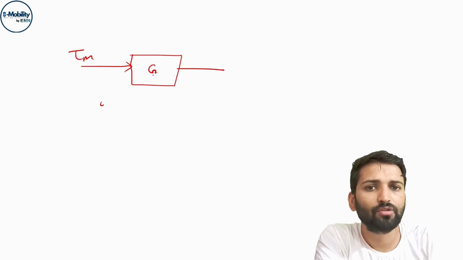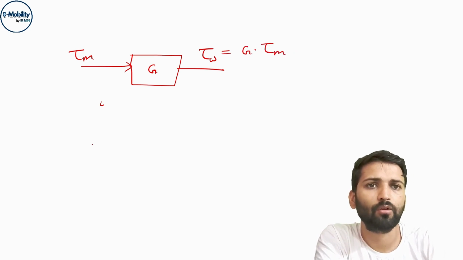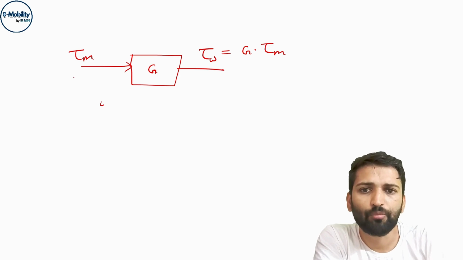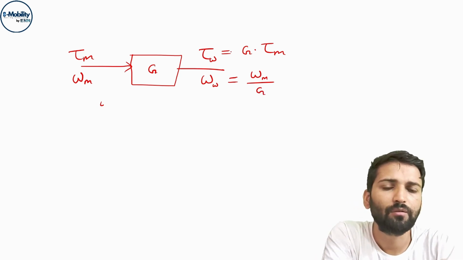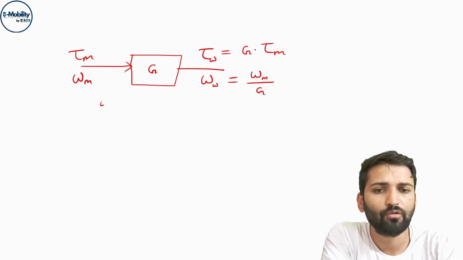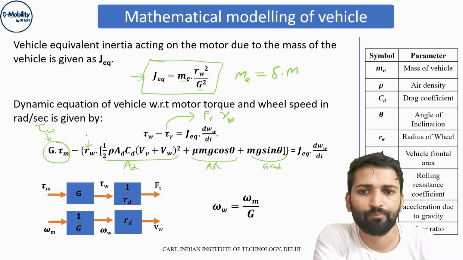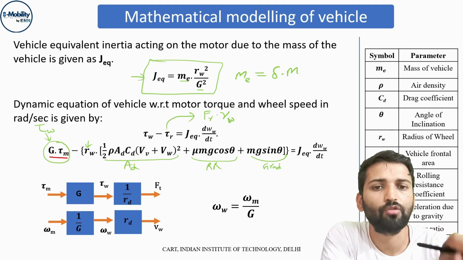If the gear ratio is G, the torque on the wheel will be G into the torque of the motor. And if the speed of the motor is omega m, then the wheel speed will be omega m by G. This is a basic expression we use due to the gear ratio. If we assume that the gear ratio is 1, then there is no need for doing this. So this G comes from the concept of using a gear ratio.